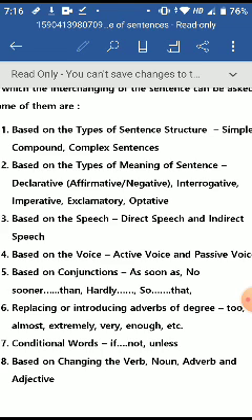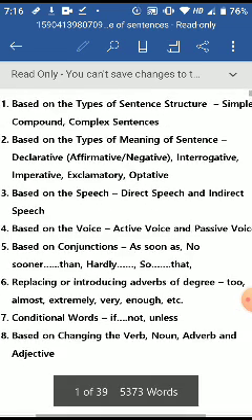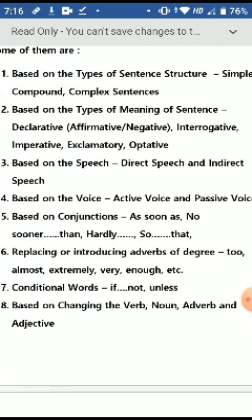You might have to change from one form to another. Next is based on the voice, active and passive voice. You might have to change. Next we have based on the conjunction, like as soon as, no sooner than. There are certain rules to be followed here, like word pairs. If you use the word no sooner, it has to have the word than in the same sentence. So we are going to see these kinds of rules.